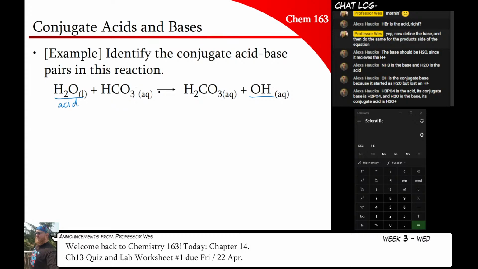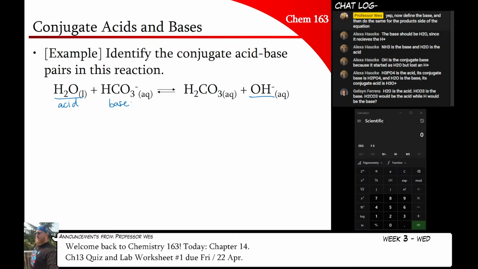That means that bicarbonate here must be the base, because it will accept the H+. Then on the other side, we have hydroxide, which is going to act as the base to accept an H+ to turn back into water. And that means that this must be the acid.